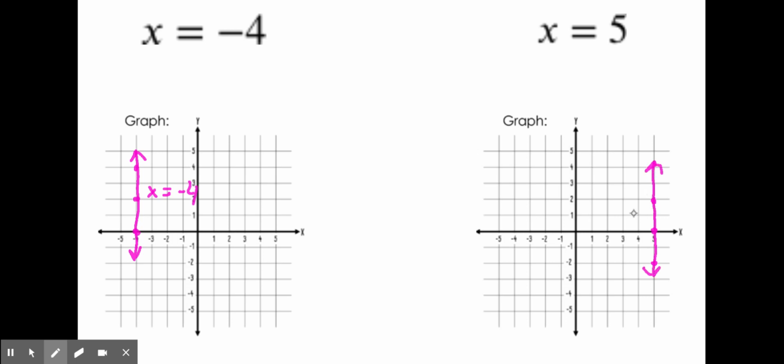Okay, a vertical line has undefined slope. That's one reason its equation is weird. And there is no slope-intercept form for this because the slope is undefined. Okay, so y equals a number is horizontal, x equals a number is vertical. That's all you need to know to graph your two special cases of lines.